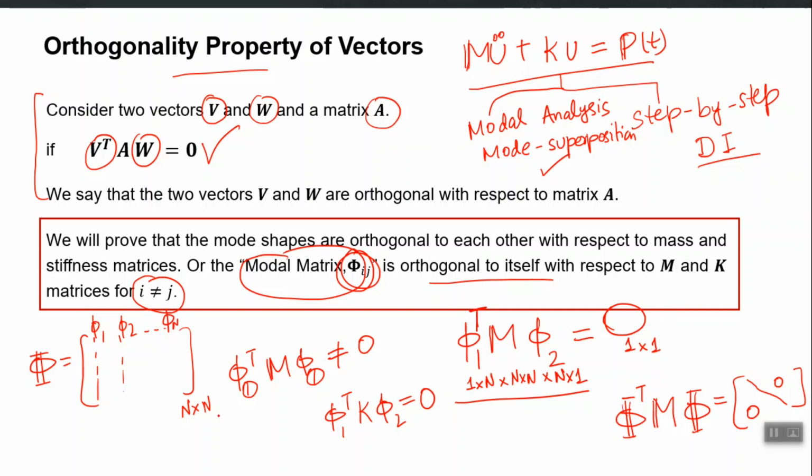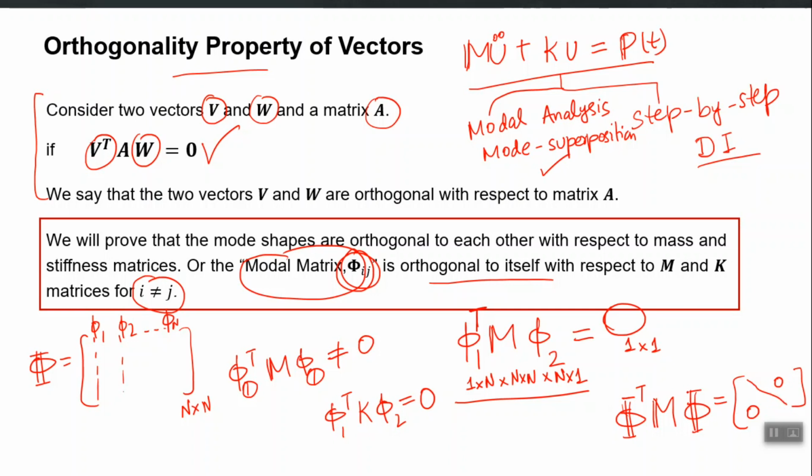When I take the capital phi transpose, which means the first row is now changed to the first column, right, and similarly the second row is now the second column, times mass times the phi again, in the resulting matrix all the diagonal entries will correspond to a product when the same mode shapes are being multiplied, and off diagonal terms will be the result of a product when two different mode shapes are being multiplied.